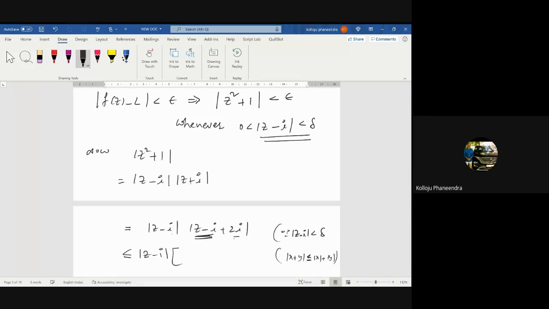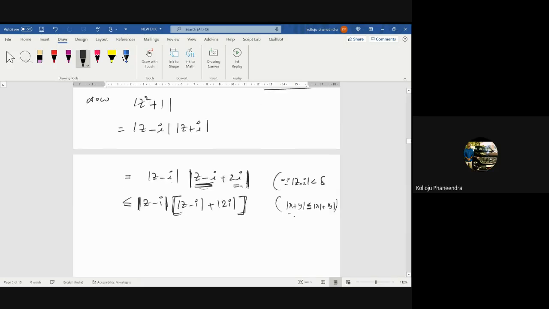This is x and this is y. So this is mod z minus i plus mod 2i. Any doubts? This is a bracket, there is no change in this one. Applying the mod x plus y principle for the second term.